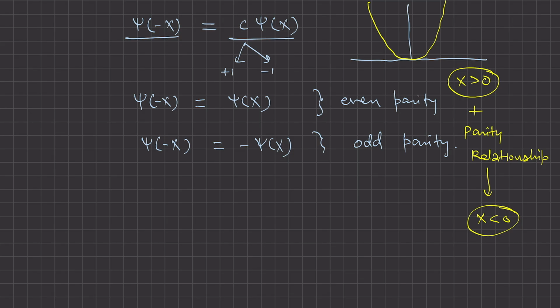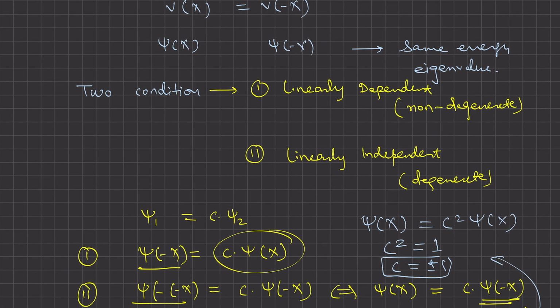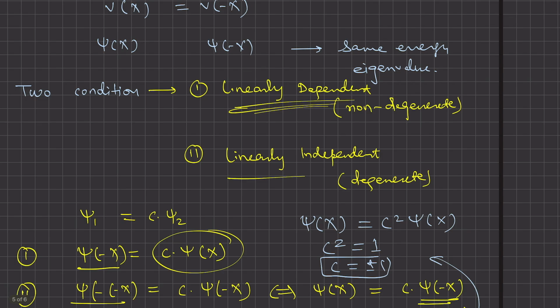So this was the case when we were assuming the linearly dependent case. For the linear dependence, we know that psi 1 is equal to c times psi 2. But what if the case is the linearly independent case?